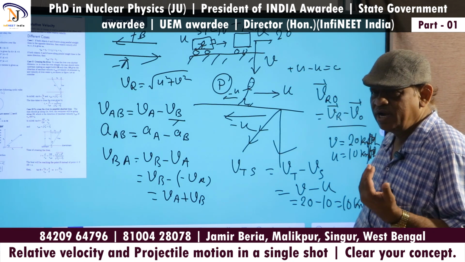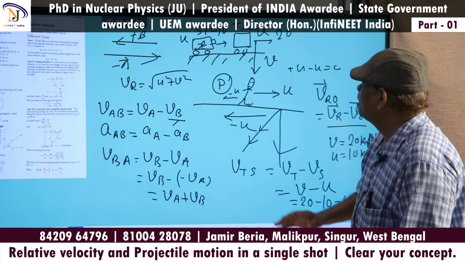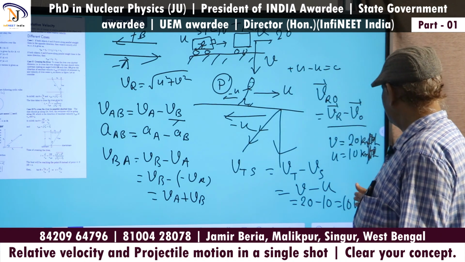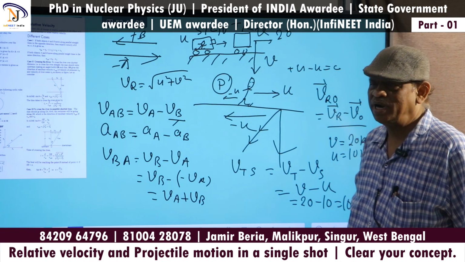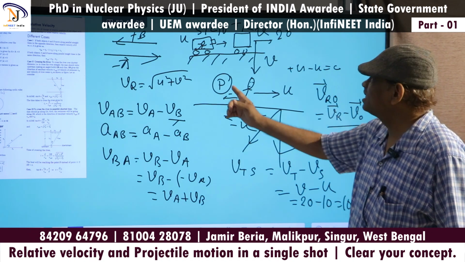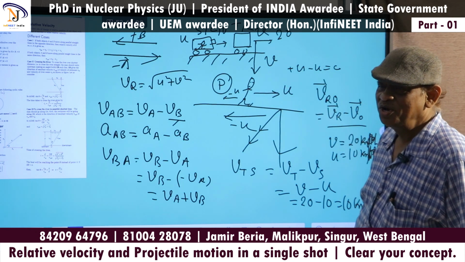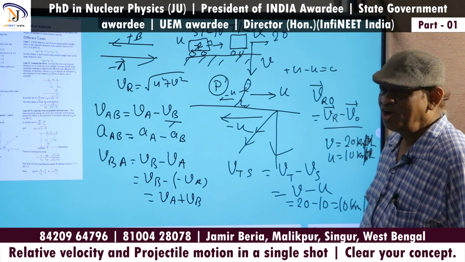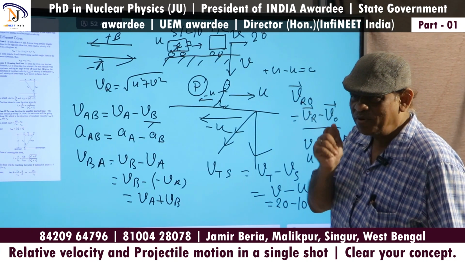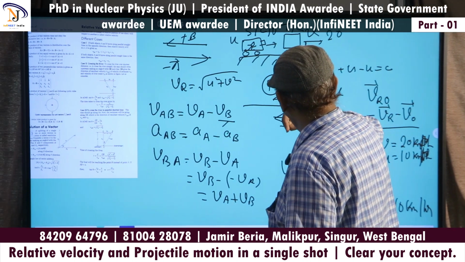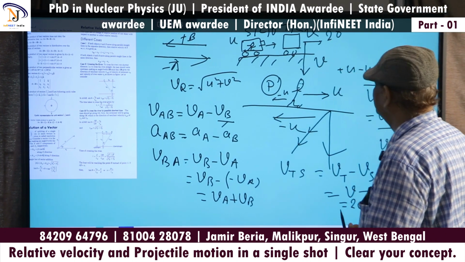An observer lying on Singur local will observe the Tarakeshwar local is moving with a velocity 10 km per hour ahead. Actually not that. It is actually moving 20 km per hour. This is your relative velocity.